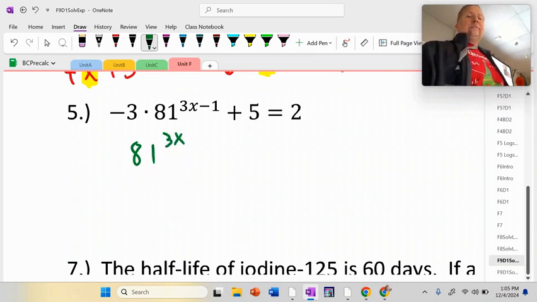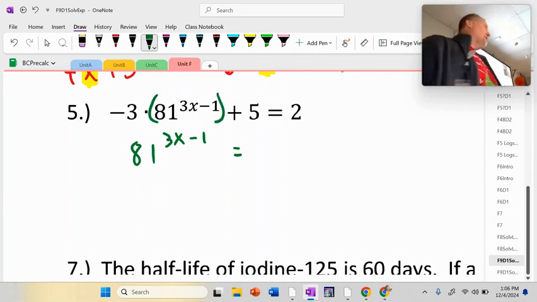Was that too fast? So number 1 is because of PEMDAS, I can't add that to 81, and I cannot multiply. This is exponents of PEMDAS. So that means I have to get it out of there. I have to undo it. So subtract 5 from 2, negative 3, then divide by negative 3, I get 1. You know what? I can get this as equal bases.